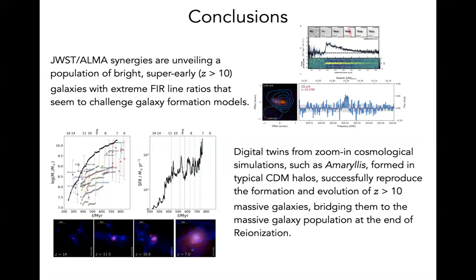So these are zoom-in simulations. Basically, we have a resolution that goes down to 10-ish parsec. The stellar mass of the galaxies we are interested in are basically star-forming galaxies or Lyman break galaxies around the epoch of reionization.